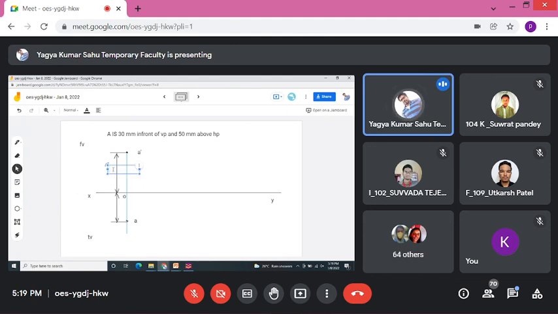Here it is 50, write it properly. Here it is 30, write it properly. So this is the projection of point A.